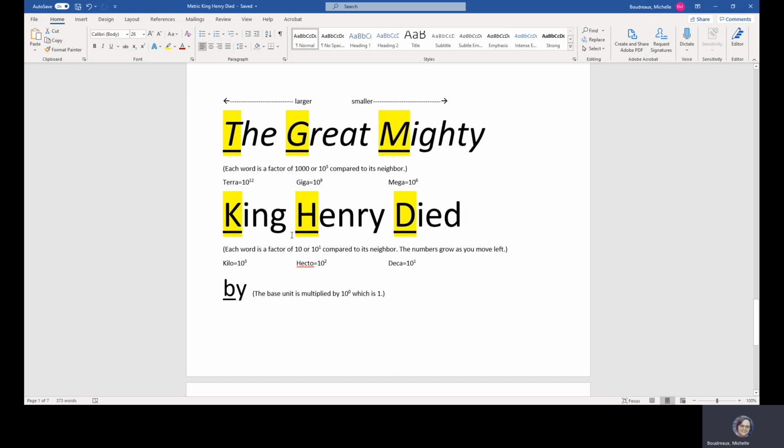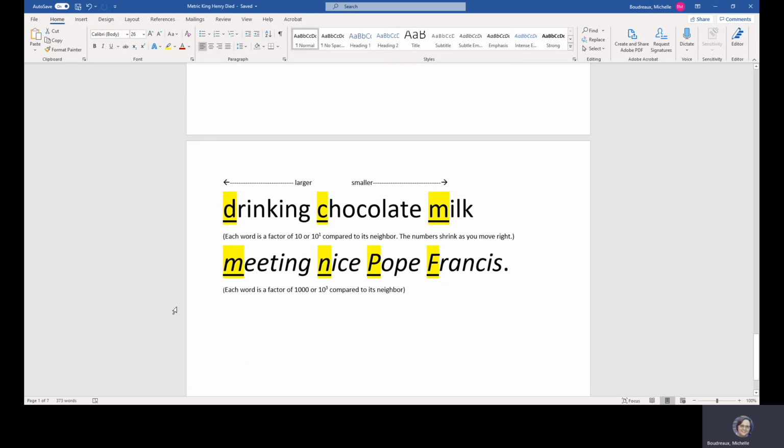So the great mighty King Henry died by drinking. D for deci, C for centi, M for milli, M for micro, and I put this one in italics to show you that it was a different level, N for nano, P for pico, F for femto.